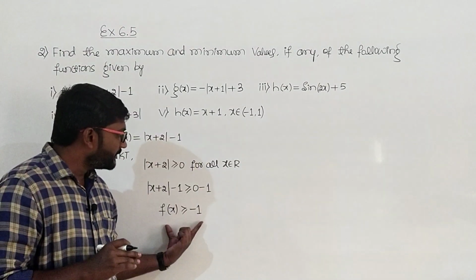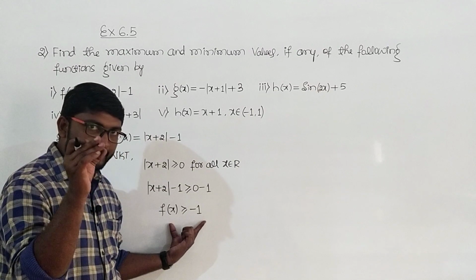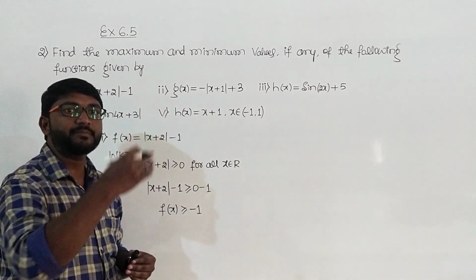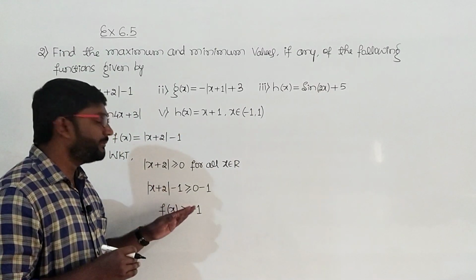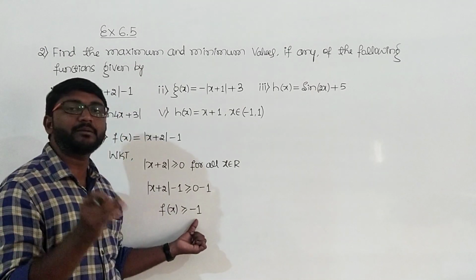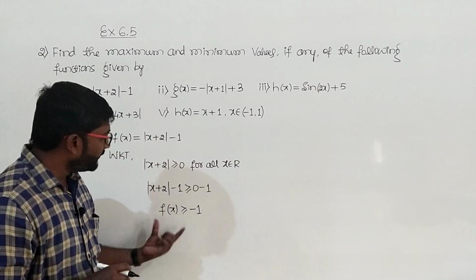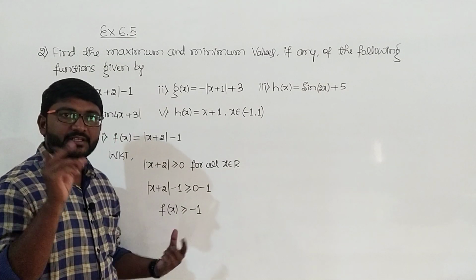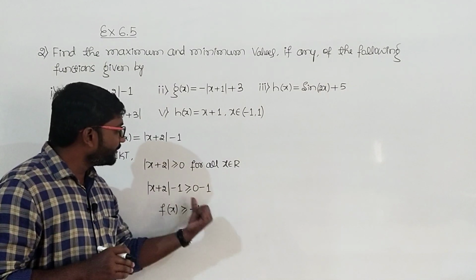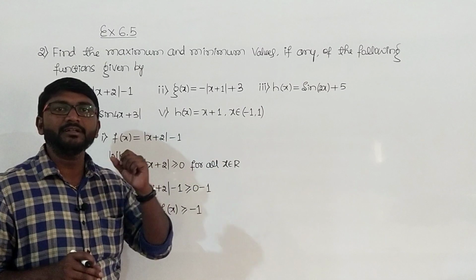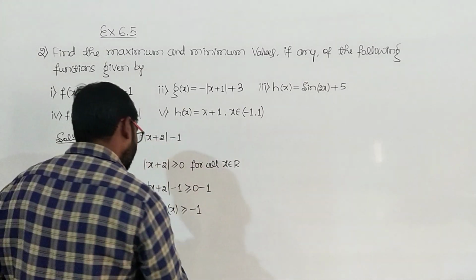So here the minimum value of the function is minus 1, and the maximum can be anything because it is greater than minus 1, that means 0 and all the positive numbers. So the minimum value of the function is minus 1 and there is no maximum value for the given function. That we have to write now.